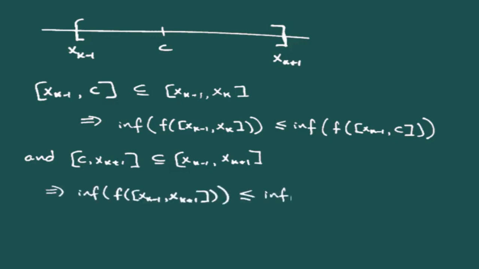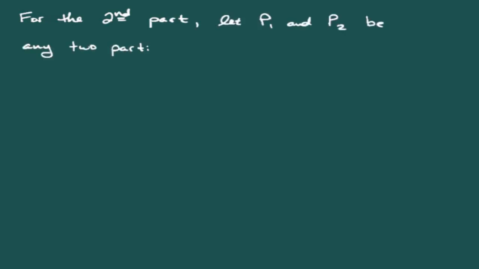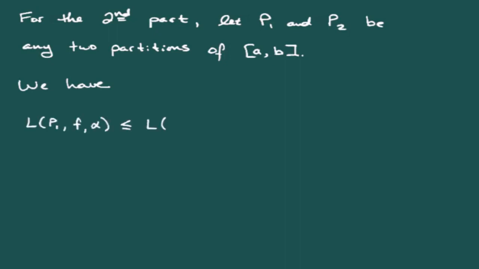For the second part of that theorem, if we assume that we've got two partitions, P1 and P2, then we really just use the result we just obtained, that the lower Stieltjes sum of P sub 1 of f with respect to alpha is going to be less than or equal to L of P1 union P2. So we take a refinement where we just dump the two partitions together.